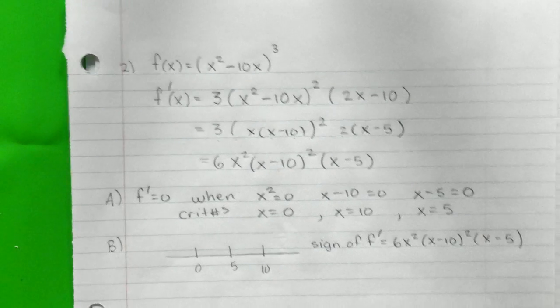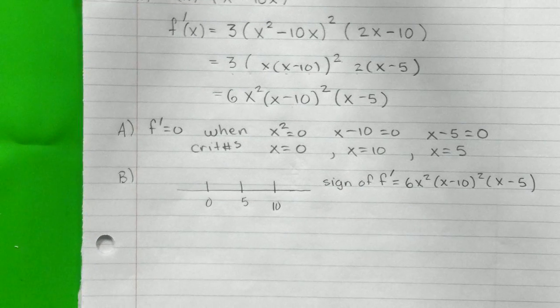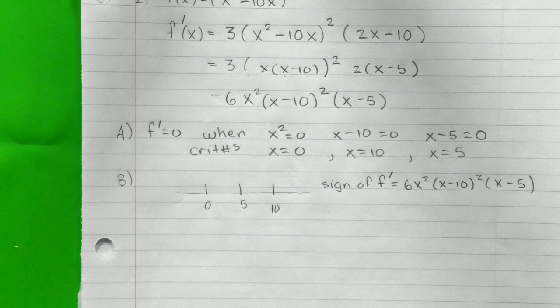I see that one of my factors is to the first degree, the other factors are to the second degree. Those second degree factors, no matter what I plug in for x, are going to be positive numbers. So I can quickly check the sign of the derivative just by finding what happens to the sign of this last factor.